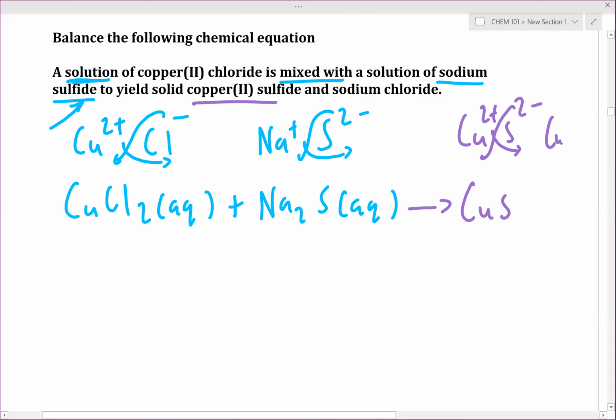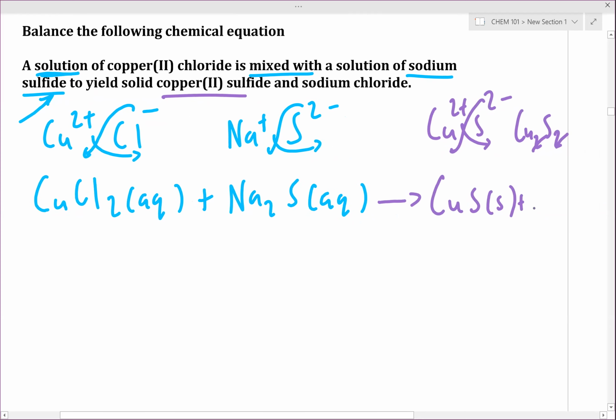So we simplify our ratio from 2 to 2 to 1 to 1. Remember that from our nomenclature chapter, writing formulas from the name? Just be careful for that. Otherwise, you'll end up with some really tricky equations. And it's a solid, and sodium chloride needs no introduction. It's just NaCl, just table salt.